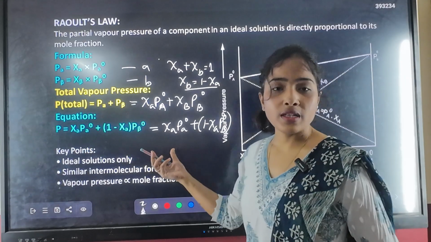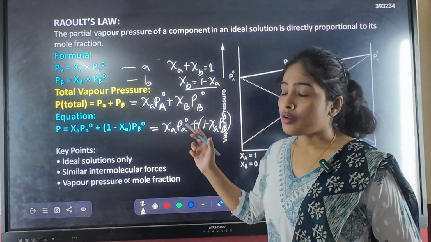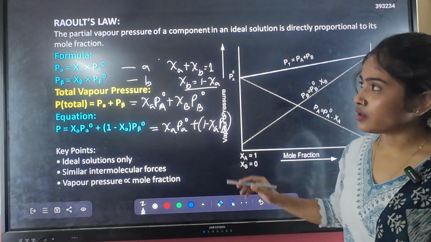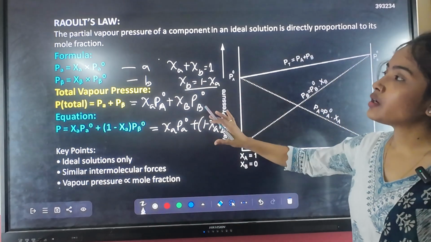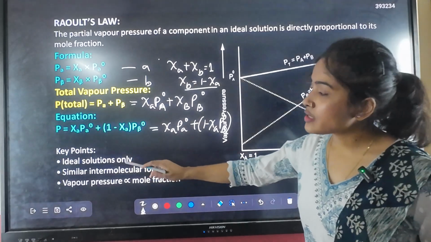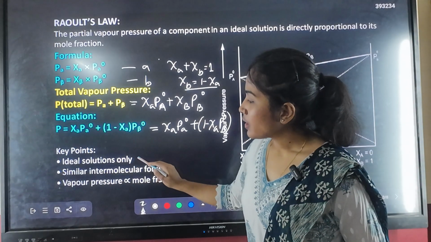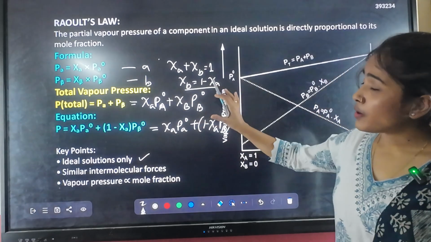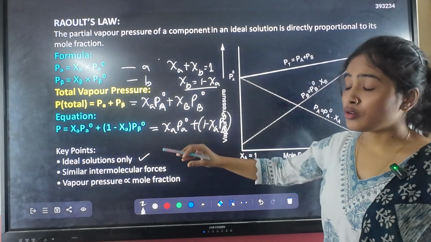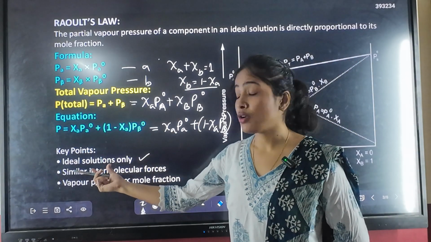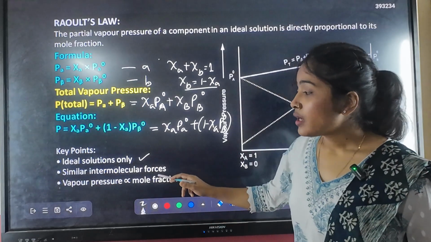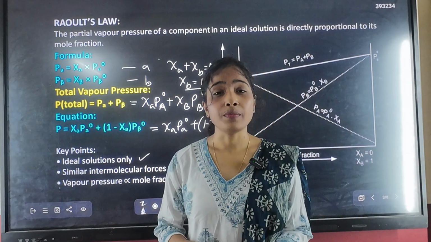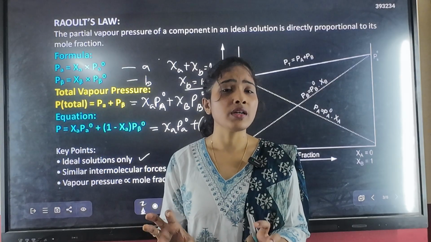Okay. So this was the equation given by Raoult's law, and in this particular law we are going to see some key points: if this law is followed, then that solution will always be an ideal solution. Ideal solution means what? When a solution is formed between similar types of molecules.